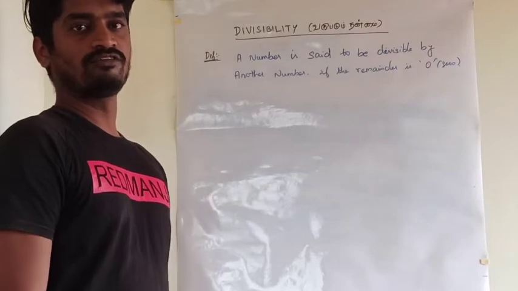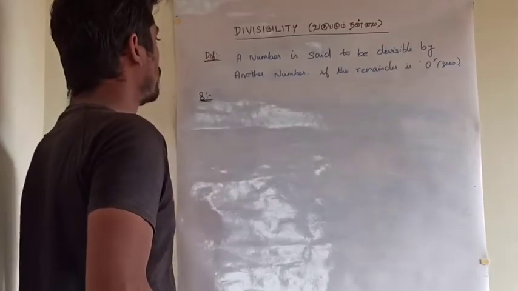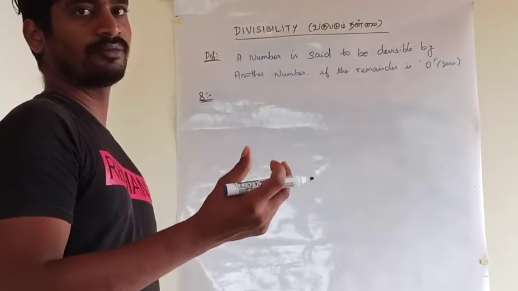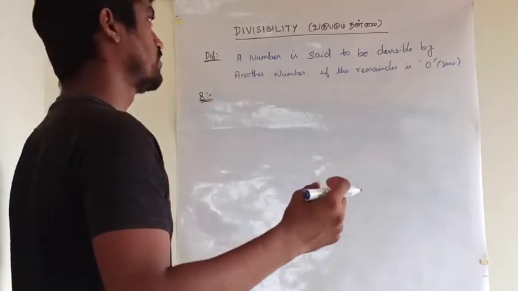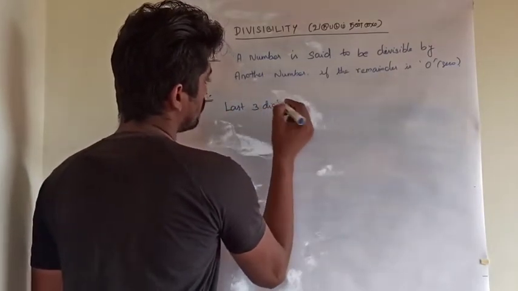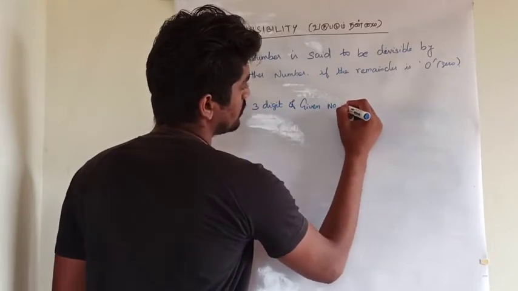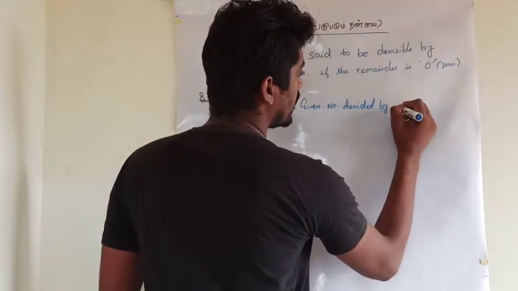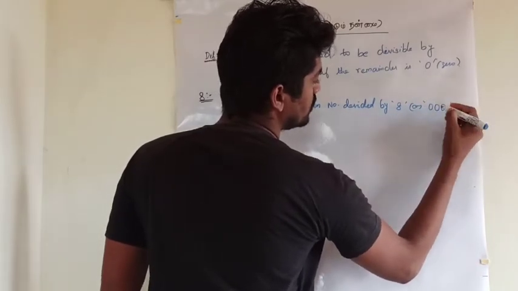Next, see the divisibility rule for 8. The rule is: the last 3 digits of the given number are divisible by 8, or the last 3 digits of the number are 0.